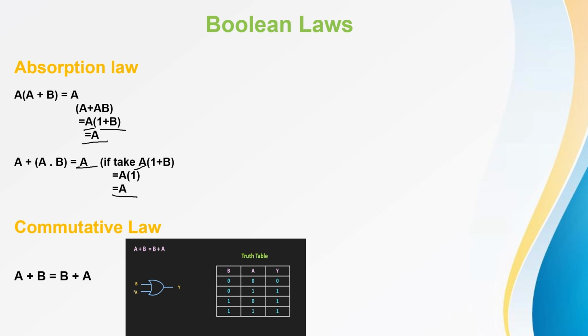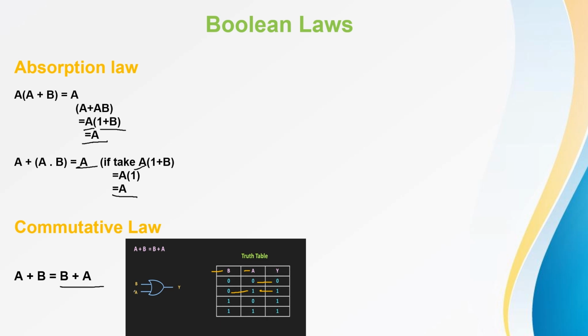The commutative law says that the order in which the inputs are connected does not change the output; it remains the same. Let's see from the truth table. Let's consider this input, interchanging B and A. When both inputs are 0, the output is 0. When the inputs are 0 and 1, the output is 1.